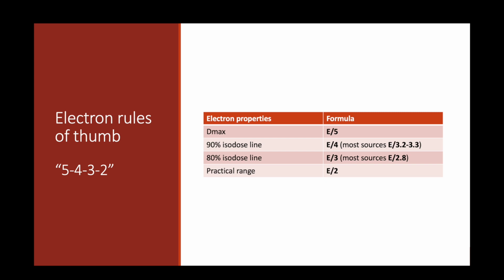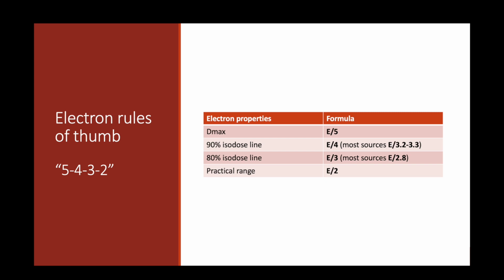These are also important equations to be aware of when we are going through an actual clinical setup and planning out how to treat a patient with electrons. So what I'd like to do is go through some of these formulas, some of these considerations, and then, like I said, at the end we will walk through an example case and apply everything that we've talked about leading up to that case.